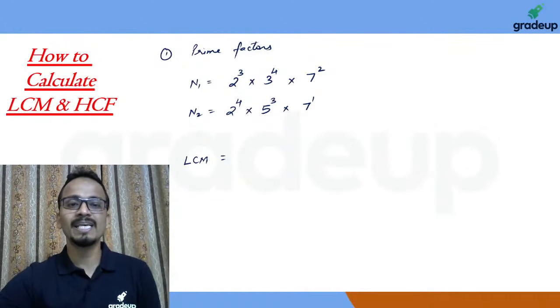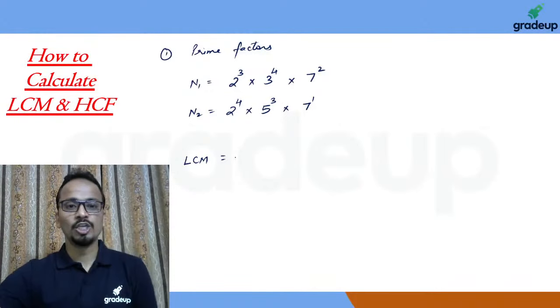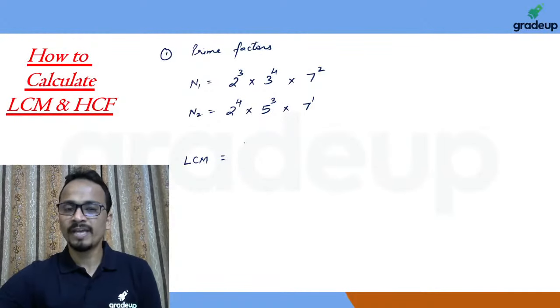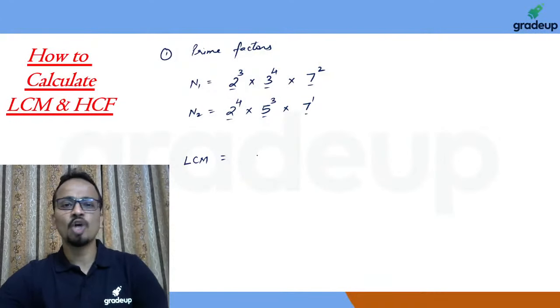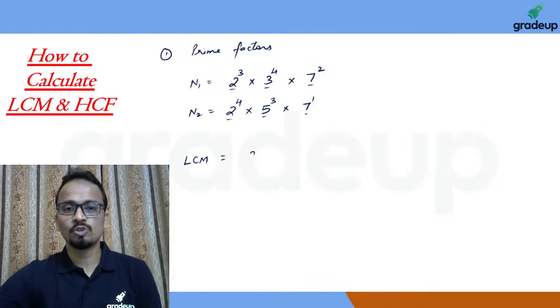So this is LCM. So in case to find LCM of these two numbers, what I'll do is I'll write all these bases. Okay. So the bases which are appearing in these two numbers, I'll write all of them. All right. So 2 is there, 3 is there, 5 is there, and 7 is there. Okay. So I have written all the bases.